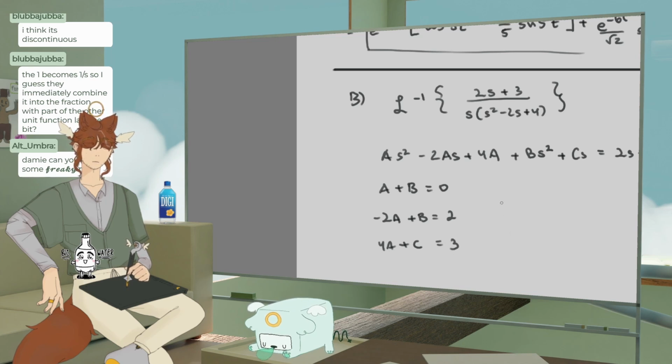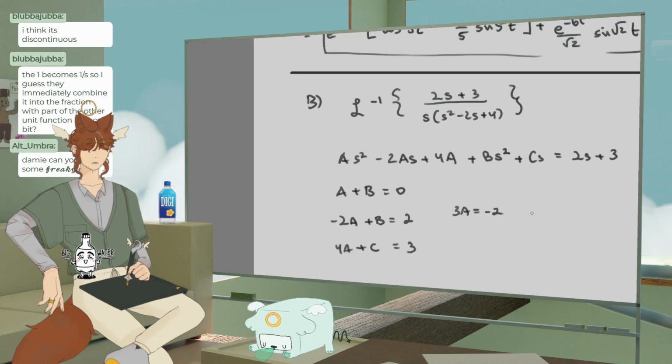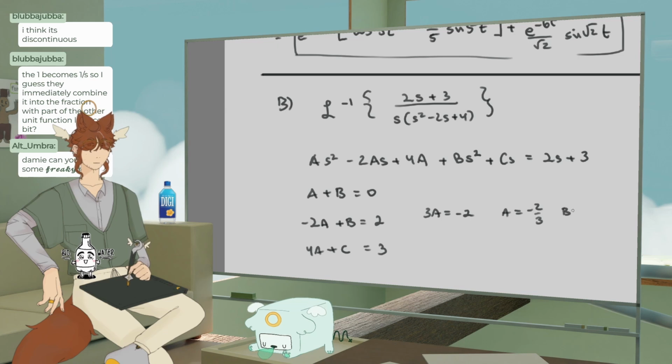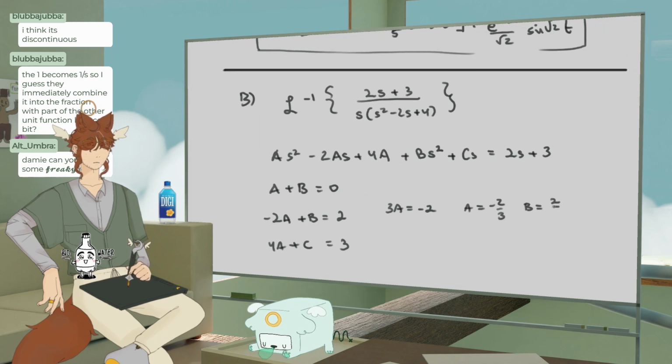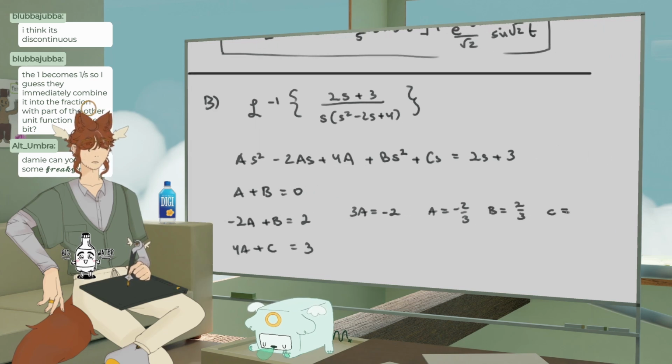If we do this minus this, then 3a equals negative 2. A equals negative 2/3. B equals 2/3. C: 4a plus c equals 3.